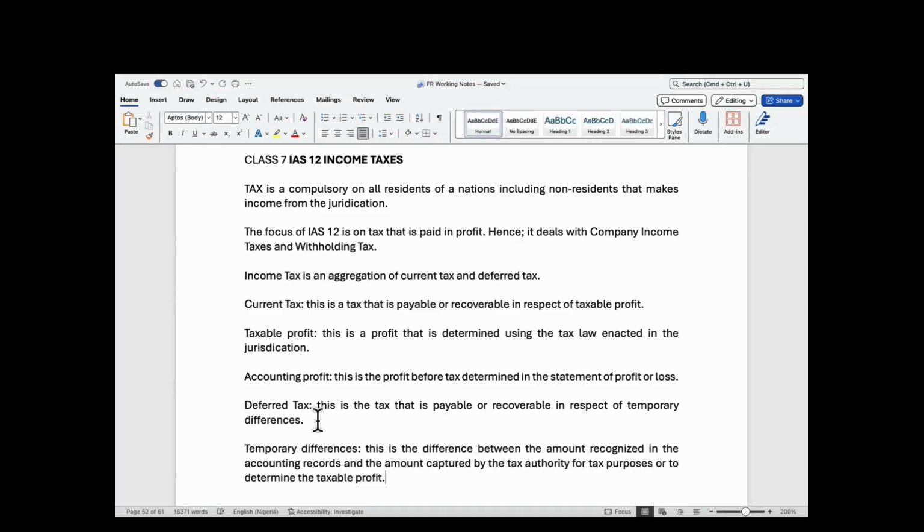So usually we'll find out that it is not all items that we have in our accounting records. It is not all our expenses and income that the tax authority will capture when it's determining its taxable profit.